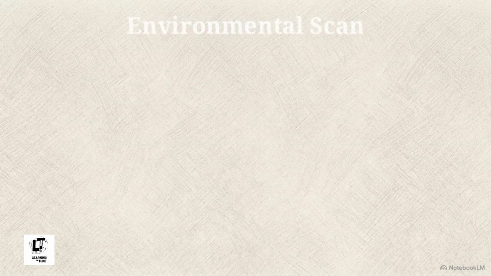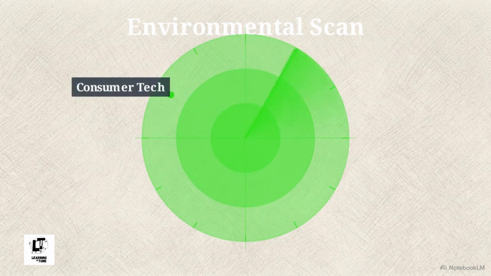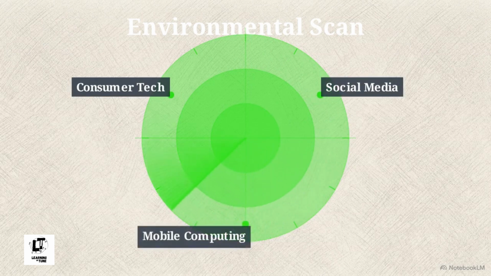Before they outline how to achieve those goals, they execute an environmental scan. This is a process of looking outward to assess external, disruptive technological changes. The university identified specific external factors reshaping their landscape: the rapid rise of consumer technology, the dominance of social media, and the growth of mobile computing.